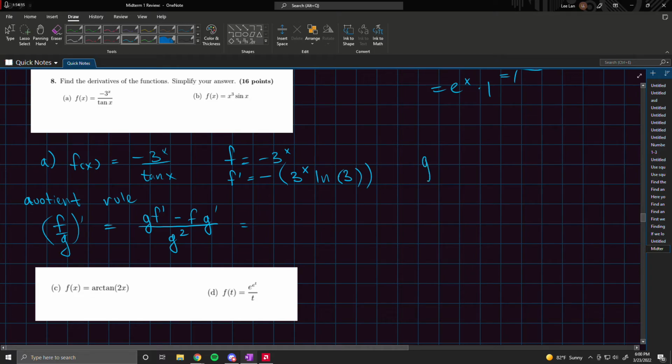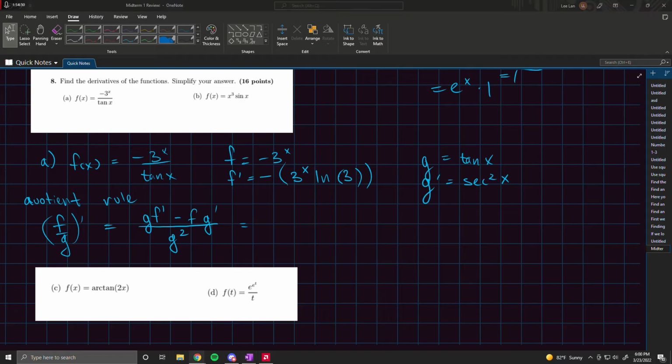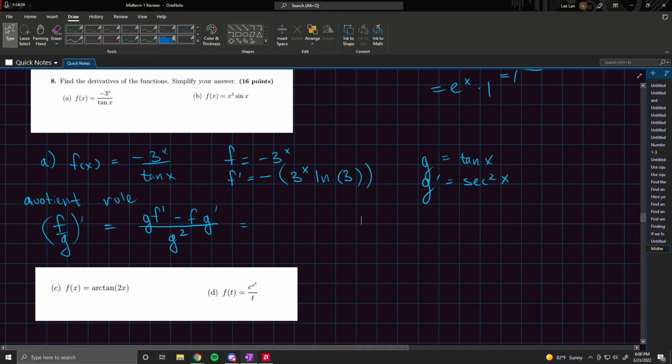And then g is the bottom, so that's tangent x. And so g prime, the derivative of tangent, is secant squared. Yes, okay. The derivative of tangent is secant squared.